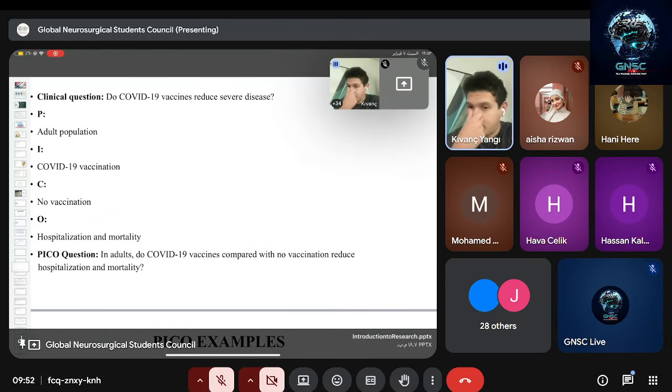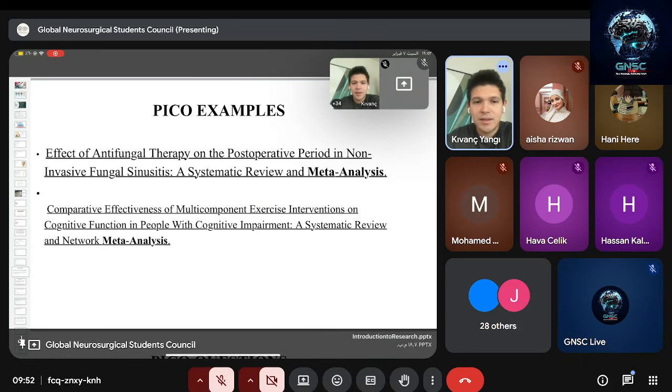And there are many other examples. Next slide, please. These are just examples for you to understand the concept. These are actual published papers that I took from PubMed. For example, comparative effectiveness of multi-component exercise interventions on cognitive function in people with cognitive impairment. People with cognitive impairment is the P of your PICO question.